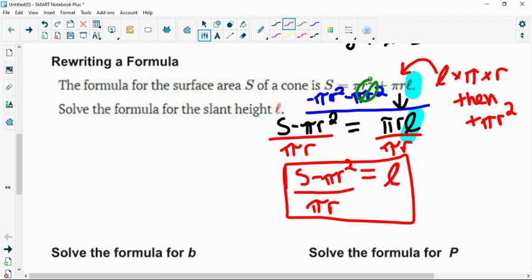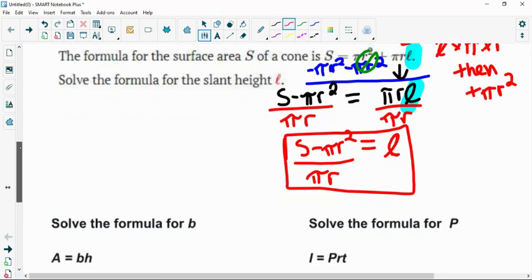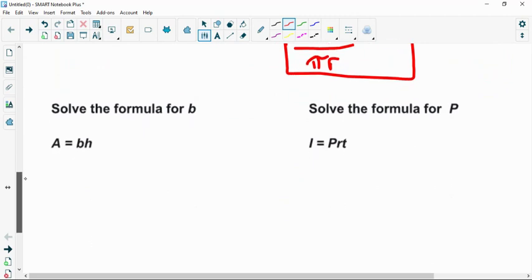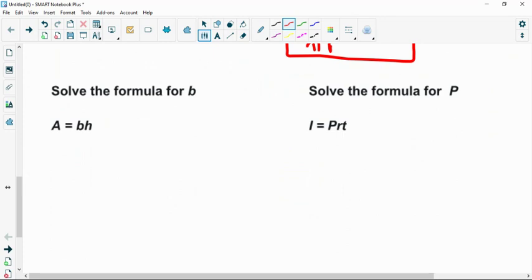Let's do two more formulas rather quickly. The first one is that area is equal to base times height. And I want to get the base by itself. Since it's base times height, if I divide by the height on each side, I get that the base is just the area divided by the height.